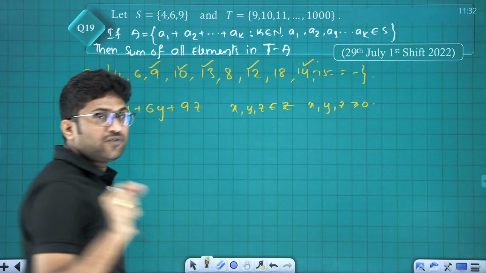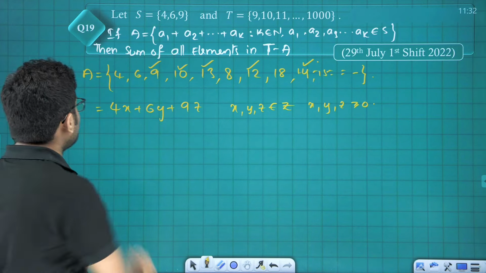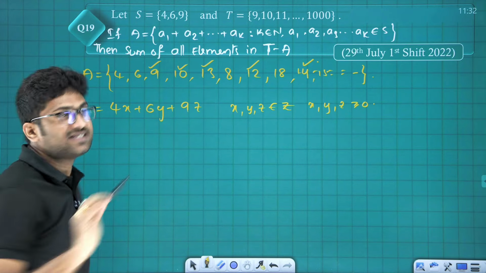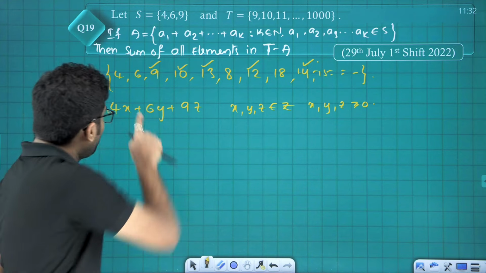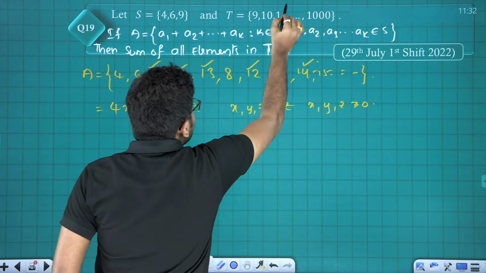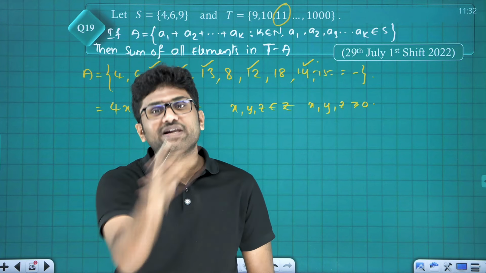Next 15, 9 plus 6 is 15. If you observe this, every number in T can be expressed in the form 4x plus 6y plus 9z, friends, except this 11. However you add 4, 6, 9, we will never get 11.